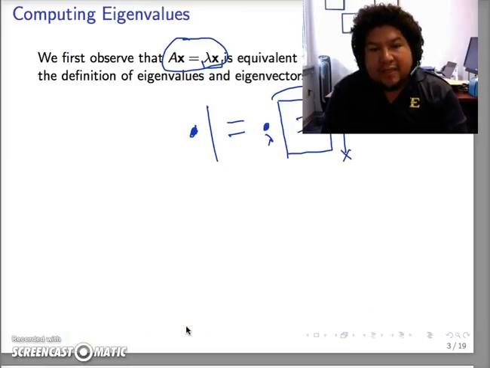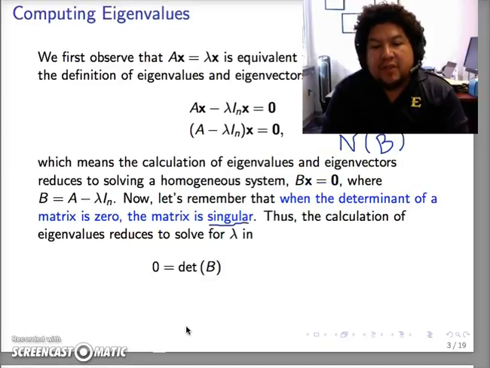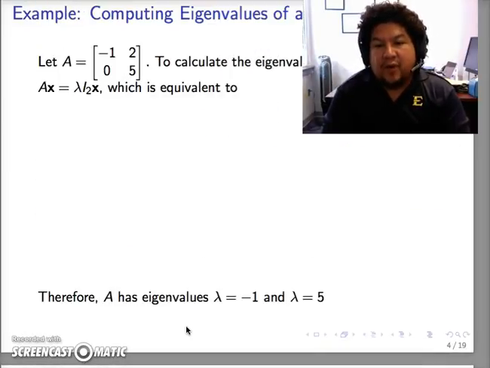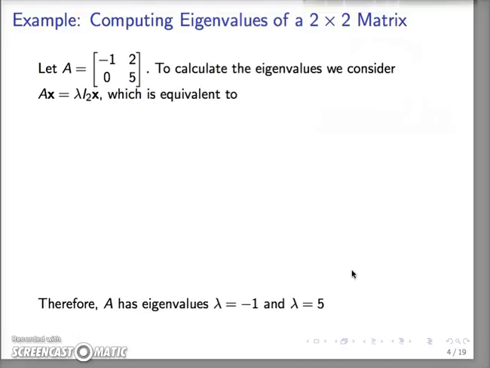So the way this looks in practice, we've made some of these comments before. So let's revisit this example. We have a matrix here that is 2 by 2, and our current goal is to calculate the eigenvalues lambda.